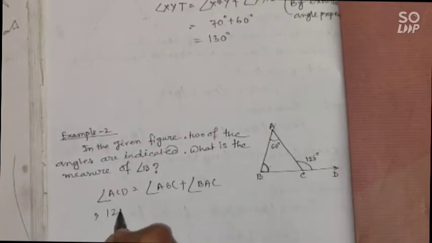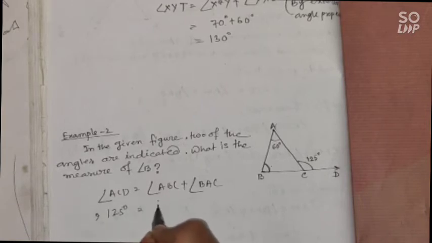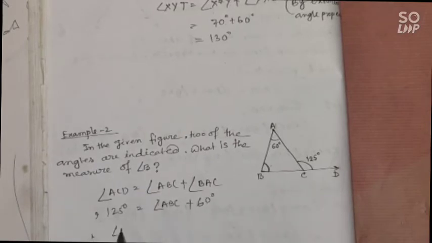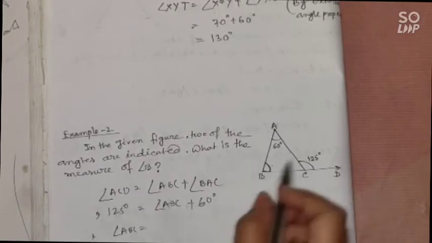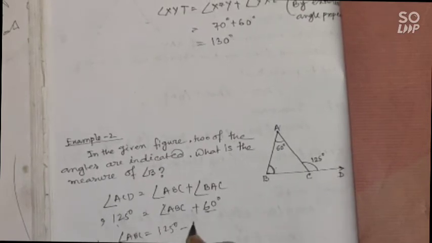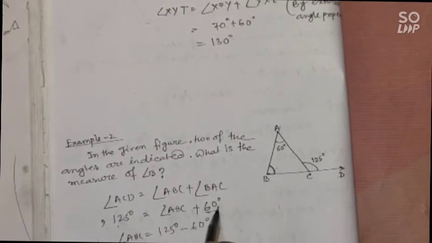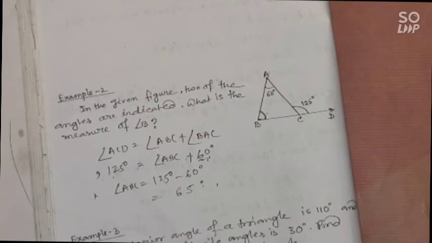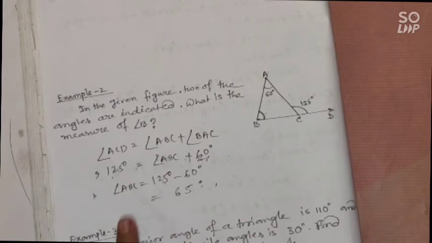So, ACD is 125 degrees, ABC we have to find, and BAC is 60 degrees. So, angle ABC equals, if we subtract this value from this value, we can get this value. Because আমরা যদি শিফট করি এটা রাইট সাইড থেকে লেফট সাইডে এই প্লাসটা মাইনাস হয়ে যাবে. 125 minus 60 is 65 degrees. Okay, this will be the actual value of angle B.